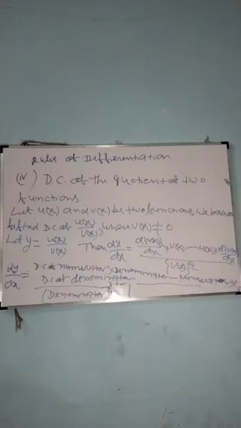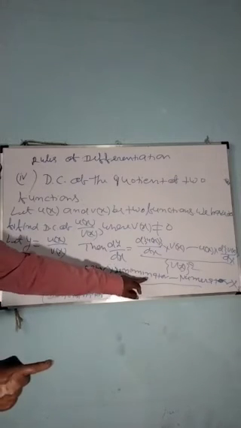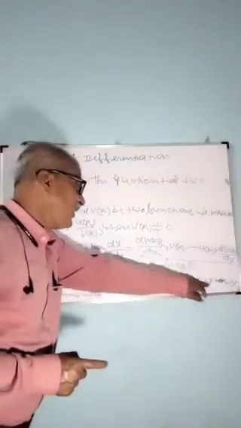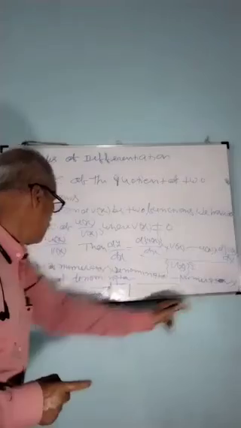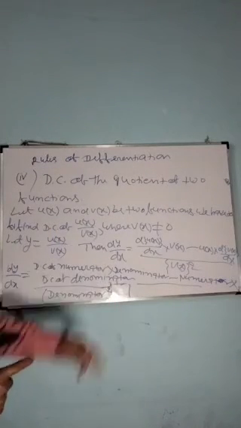So DC of the quotient of two functions equal to DC of numerator into denominator minus numerator into DC of denominator by whole square of denominator.